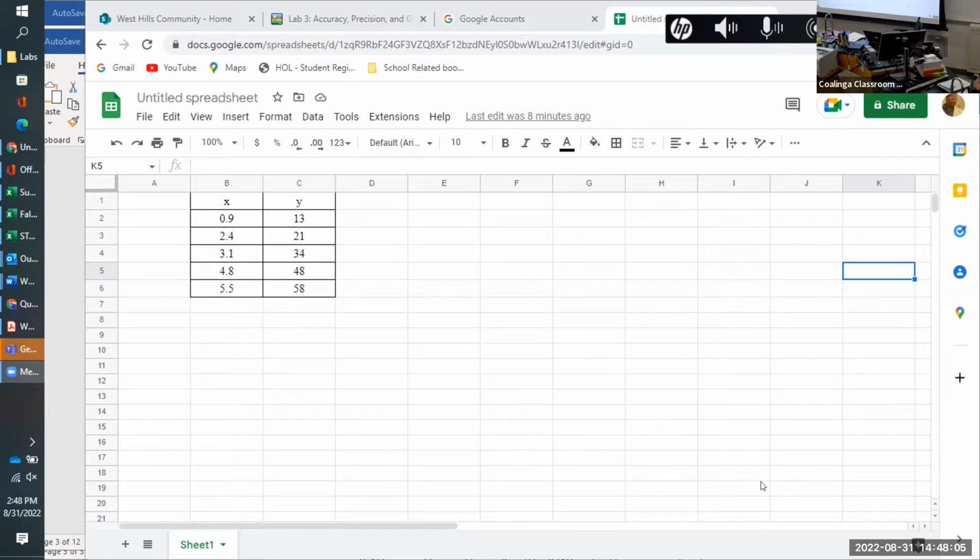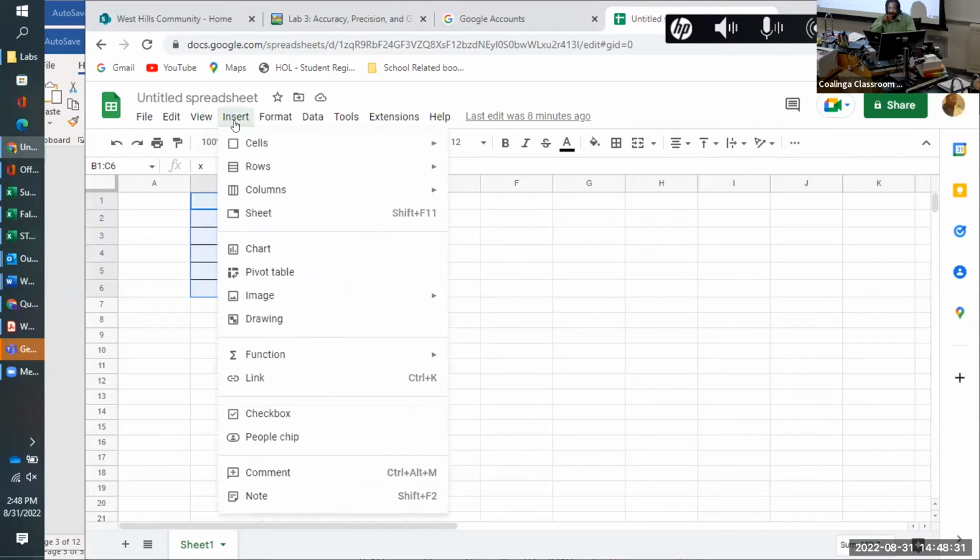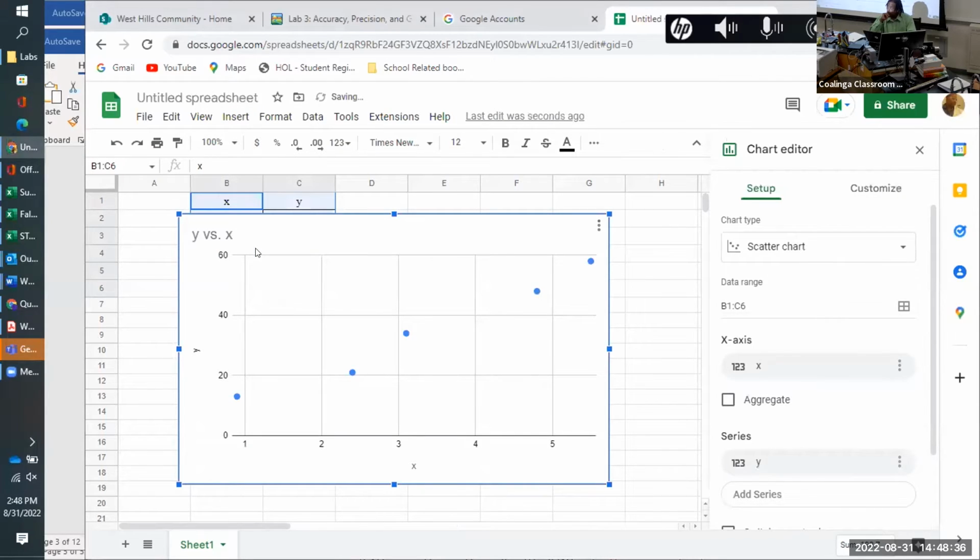So what we want to do is fit that line. After everybody has it entered, does anybody not have it entered? It's not allowing you to copy or anything. So after you have it entered, you're going to highlight, insert, and go down to chart. It's going to automatically say you have this data.